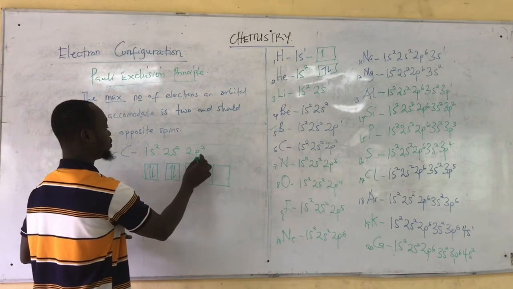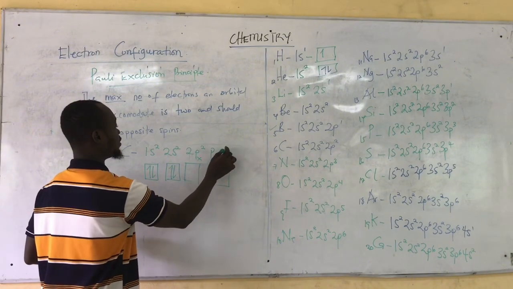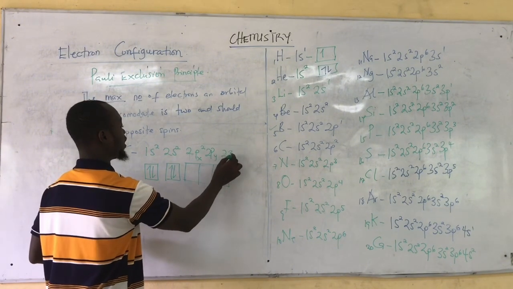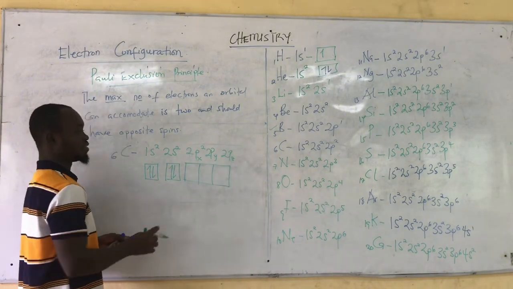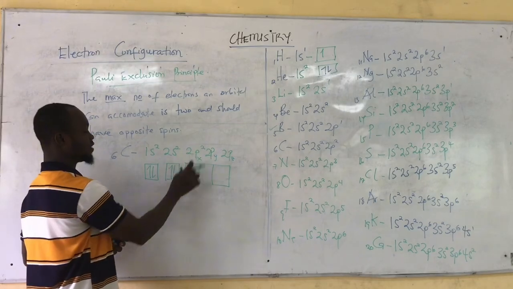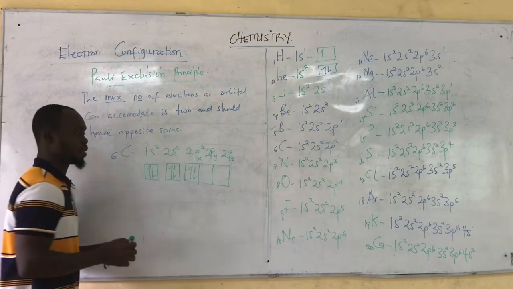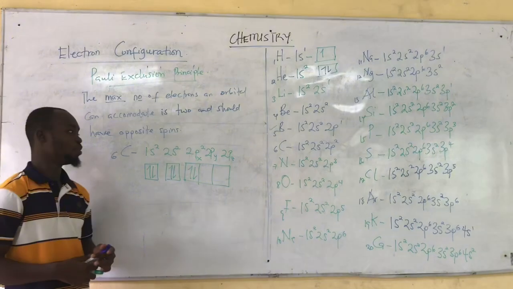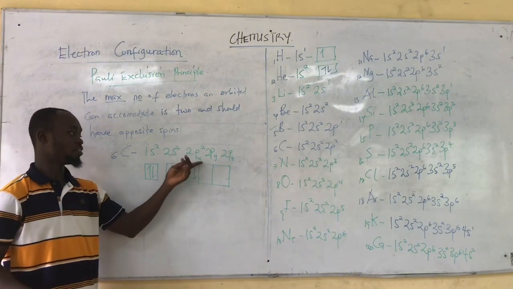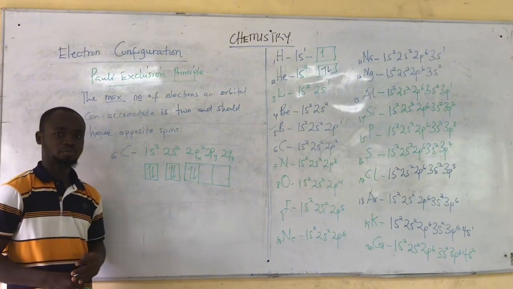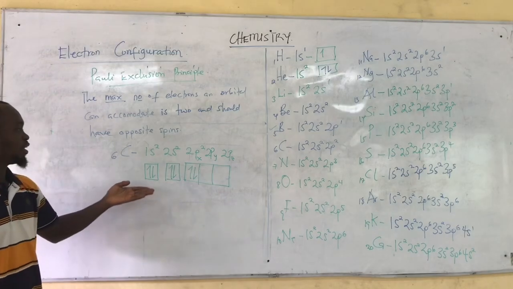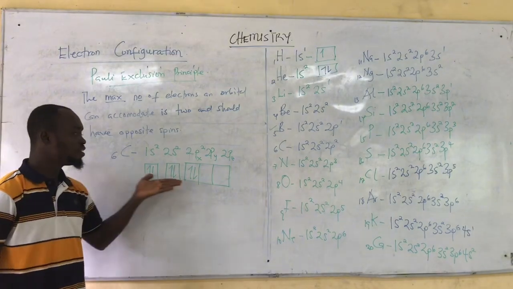So here we have the 2px, the 2py, and then the 2pz. But the electrons are arranged here, so we indicate the spin here as well. We will come to a detailed explanation on this one in the next principle. Is that okay? So this is the Pauli exclusion principle.